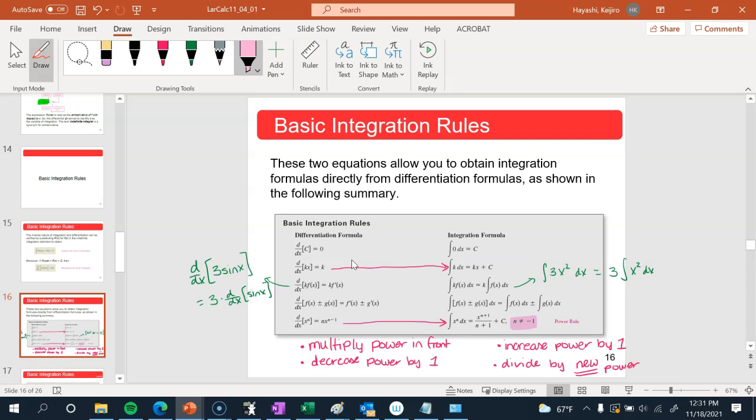So you're trying to say x to the 0 power over 0, which is not defined. So you can't apply this rule if your power is negative 1. If your power is negative 1, that has a specific integral that I'll probably just tell you when the time comes.